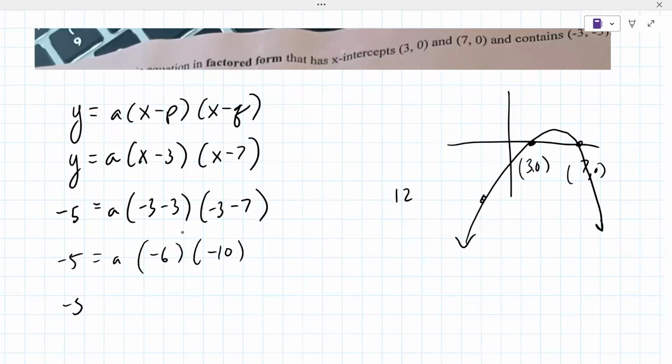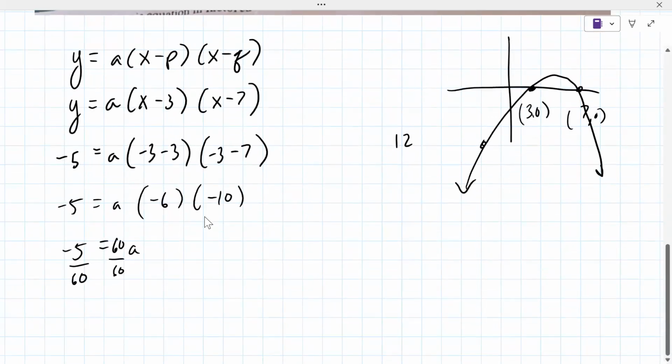So it's 5 divided by 60, which is a fraction. You're right. 60 divided by 5 is 12, but 5 divided by 60 is 1 over 12. Oh, okay. So A is minus 1 over 12 in this case.